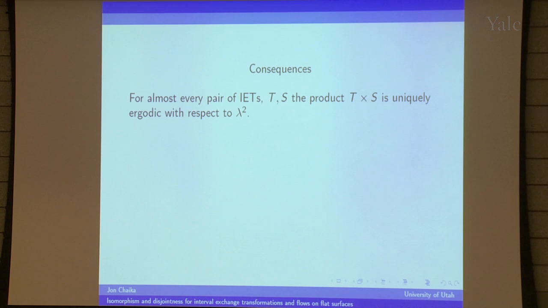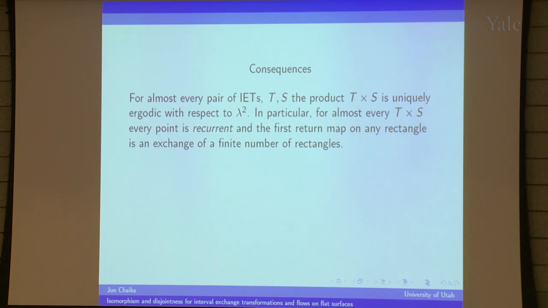And I should remark that there's nothing special about 2. The product of two interval exchange transformations is disjoint from almost every interval exchange transformation. So the same thing is true for 3-tuples or k-tuples. Now, if you think about what a product of two interval exchange transformations is, you cut the interval on one of the sides and you cut the interval on the other sides, and then you exchange things.